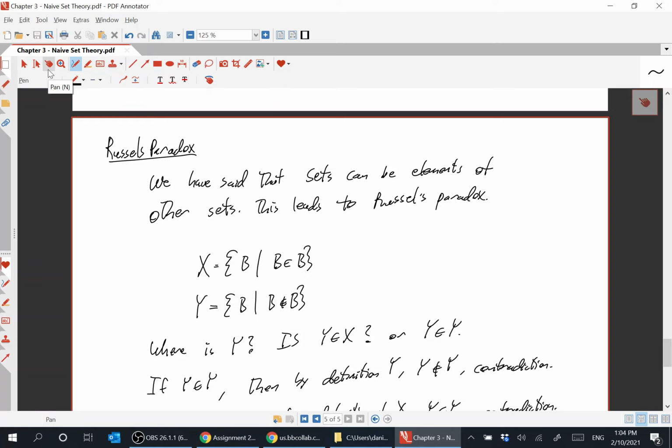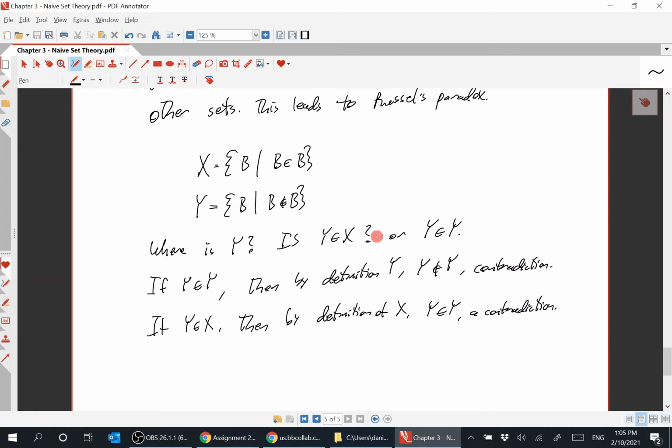We have said sets can be elements of other sets, and this leads to Russell's paradox. Let X be the set of all sets B such that B is an element of B. Let Y be equal to the set of all sets B such that B is not an element of B. Is Y an element of X, or Y an element of Y?